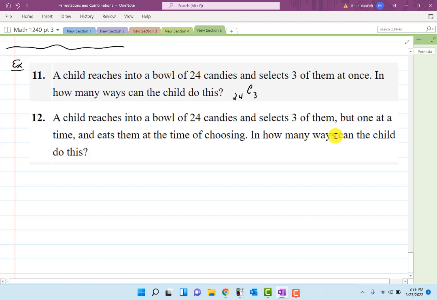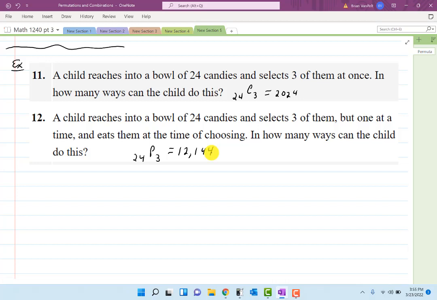That means when he picks, he has to pick a first one if he's picking one at a time. So immediately an order is assumed. Here you'll do 24P3. And you can check my numbers on your own, but I believe this is 2024. And this one here is 12,144. Notice that the P will always have a larger number than the C.